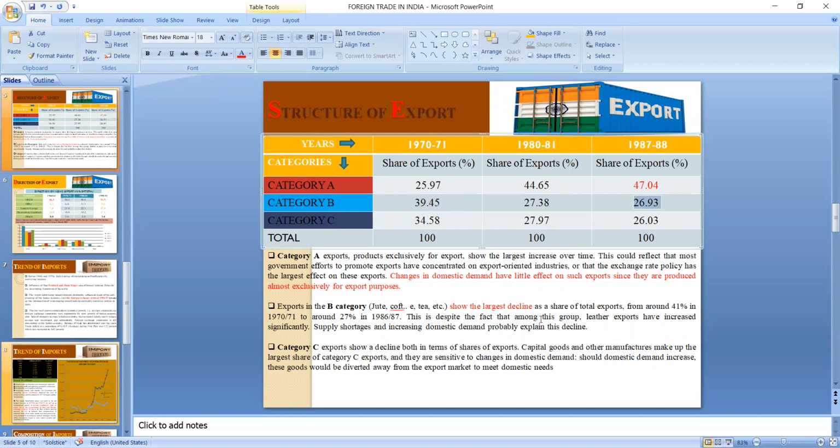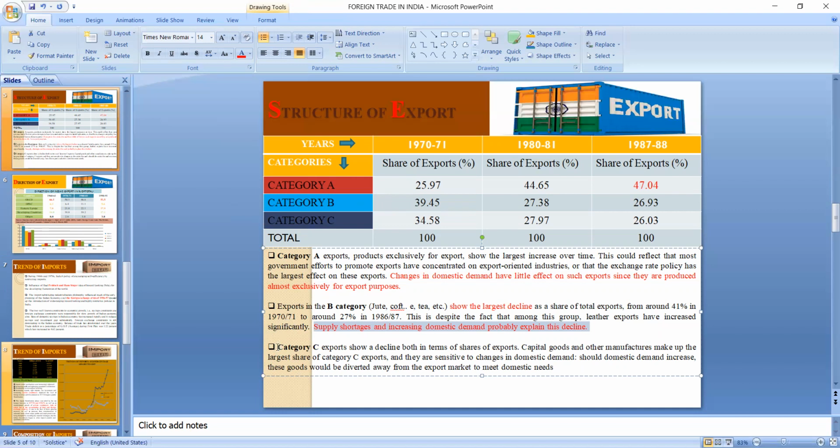This is despite the fact that among this group, leather exports have increased, but supply shortages and increasing domestic demand probably explain this decline. So shortages of supply and increasing domestic demand, due to these two factors, there is a declining trend of category B. That means the share of exports has declined sharply.